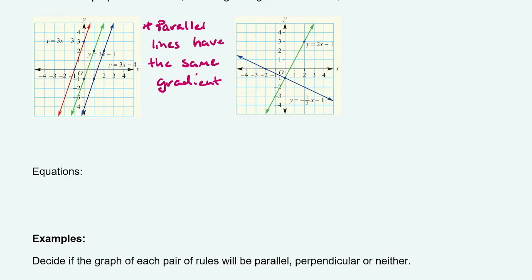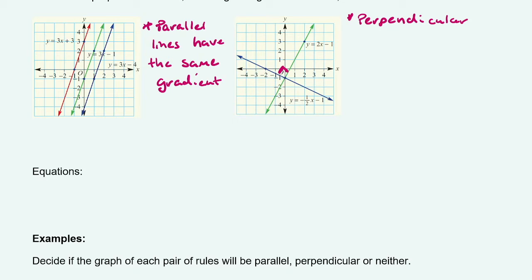Now on the other hand, our perpendicular lines will have a meeting point at right angles. So in our diagram here, where these two cross forms a right angle. That's essentially what the word perpendicular means.